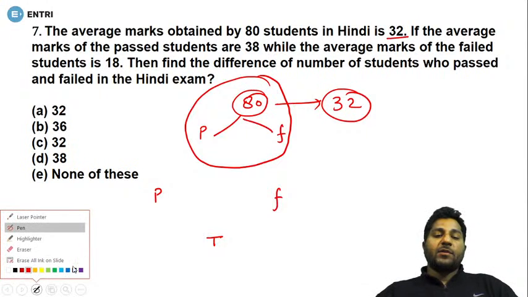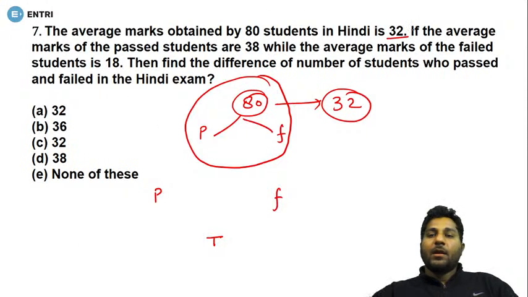Now let me give you a glimpse of allegation. If the average marks of the passed students was 38, while the average marks of the failed students was 18, that means the average marks of the total 80 students has been given as 32.